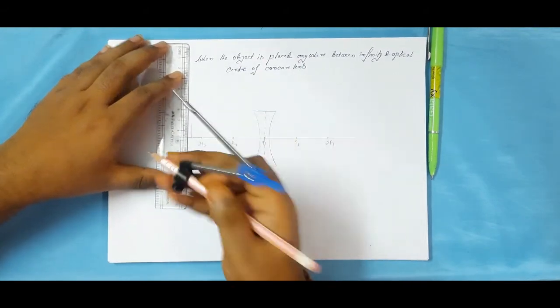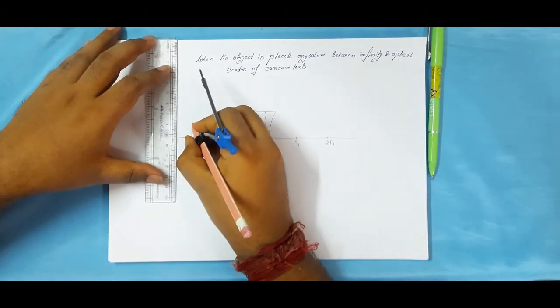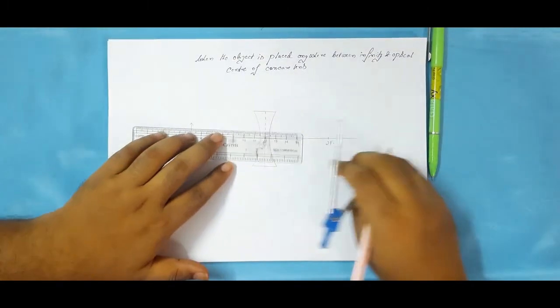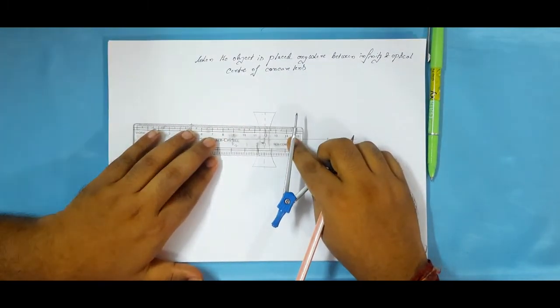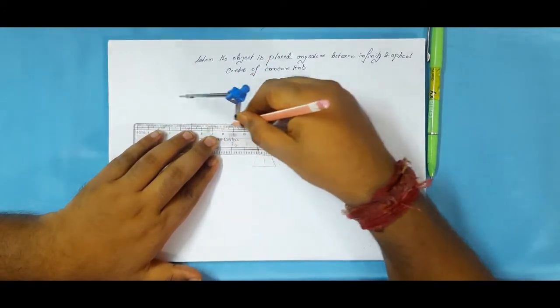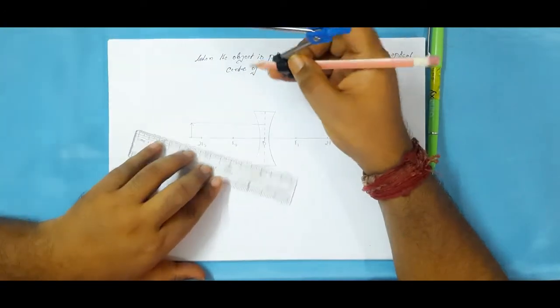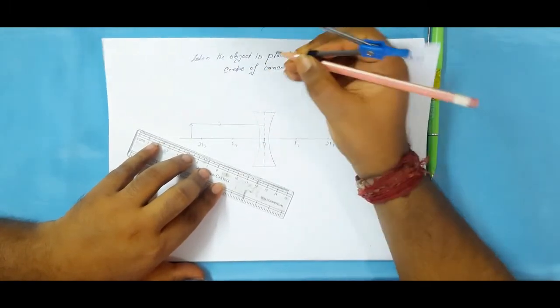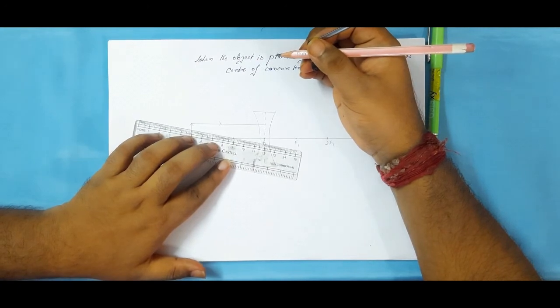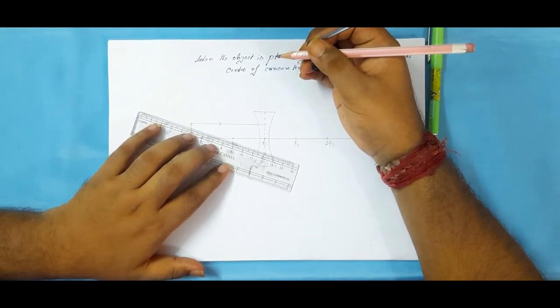Now, the first incident ray will be parallel to the principal axis. Arrow diagram is a must. The second one will pass through the optical center.